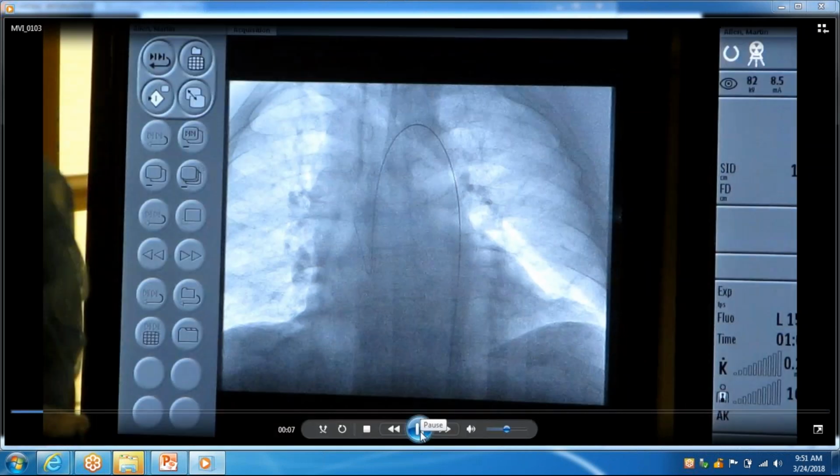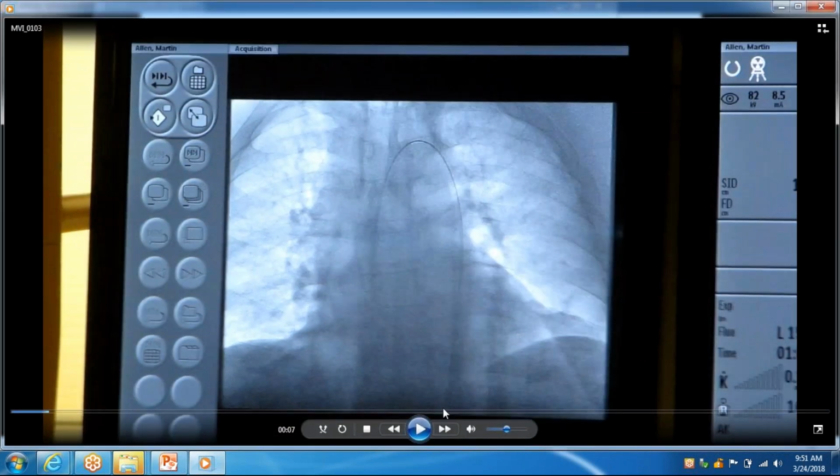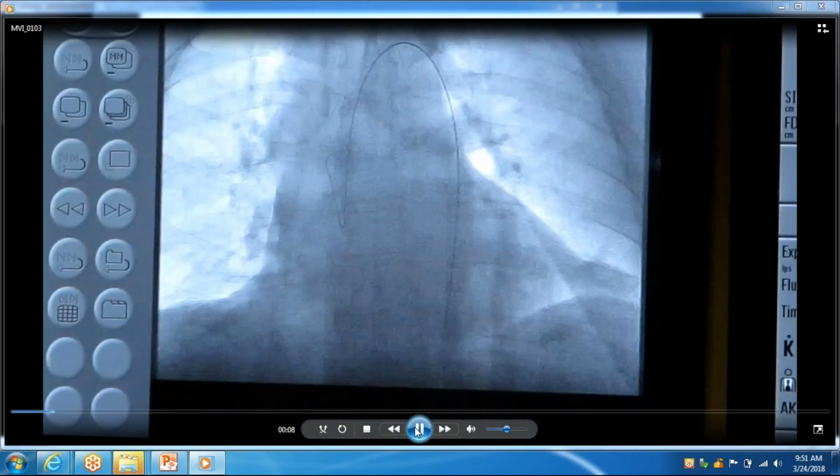That's our wire. So it's a femoral approach. The wire comes up the descending aorta, goes over the aortic arch, and you're going to go into the ascending aorta. All right, so you're in.